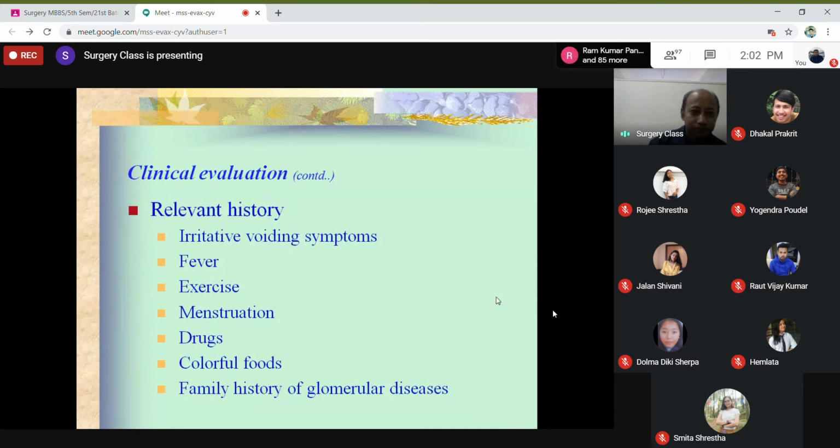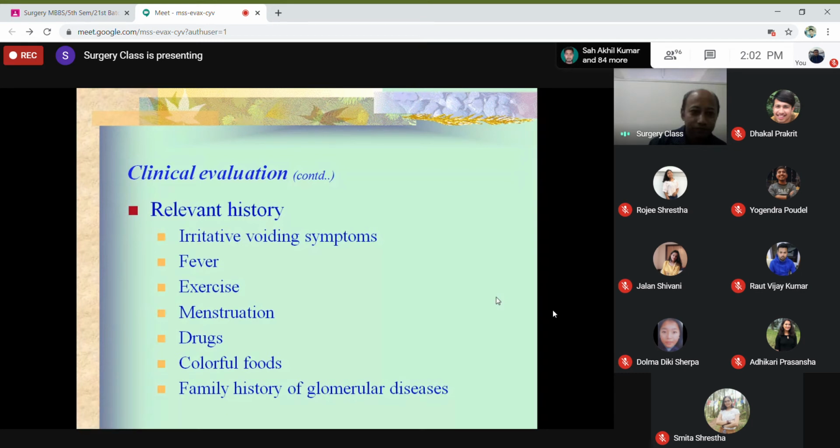If there is a history of ingestion of these foods, then you can say this is probably not true hematuria. This can be just coloring of the urine. And ask about family history of glomerular disease. Certain glomerular diseases can run in families, and if this is present, probably the patient is having a glomerulonephritis type of disease.